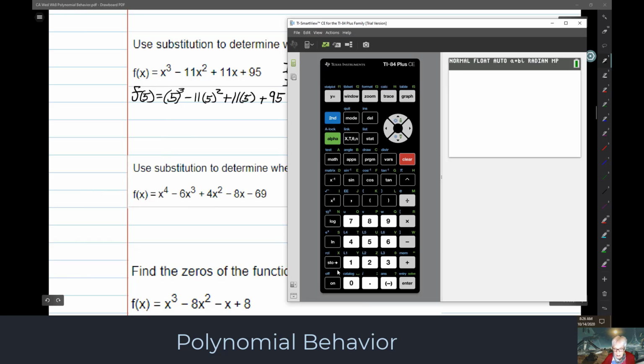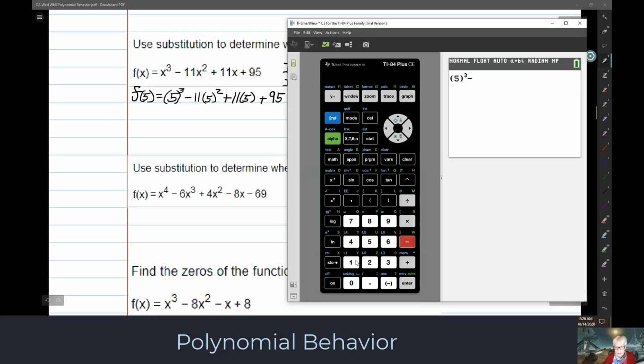The parentheses are above the 8 and the 9 key, if you don't know. So parentheses, 5, parentheses, caret, cube, and then right arrow key to come down. You won't always have to do that if you have the older model.